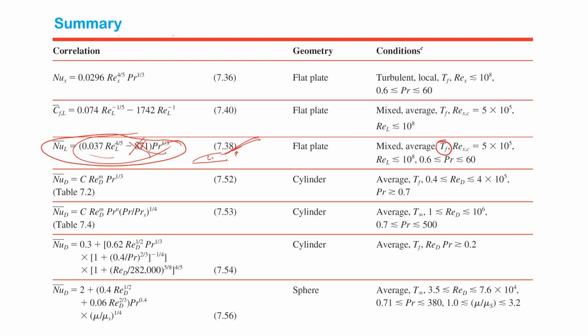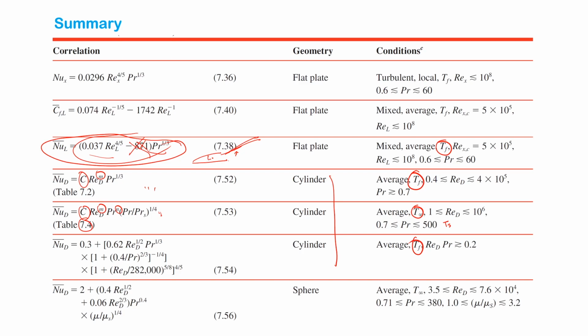So if you have a cylinder, we actually have 3 different equations that we can use, and 2 of those equations rely on T film, okay, and 1 equation relies on T infinity and Ts. So both of these equations will need to use a table. Table 7.2 for reading C and M, and table 7.4 for reading C, M, and N. Okay, so you are free to choose any of these.